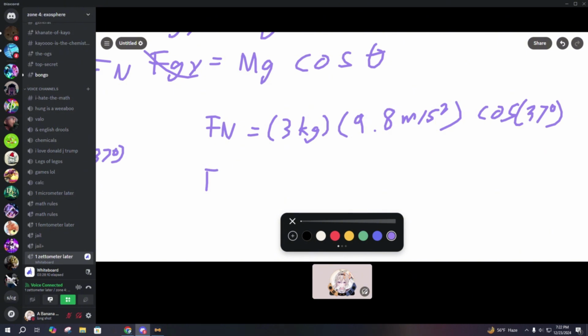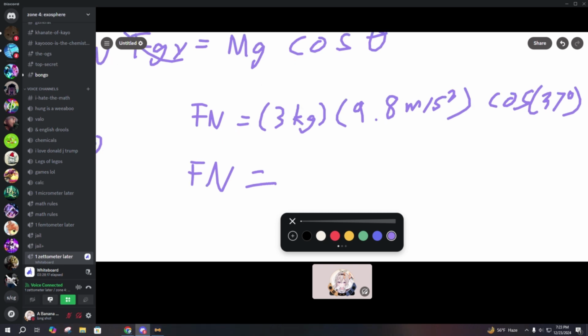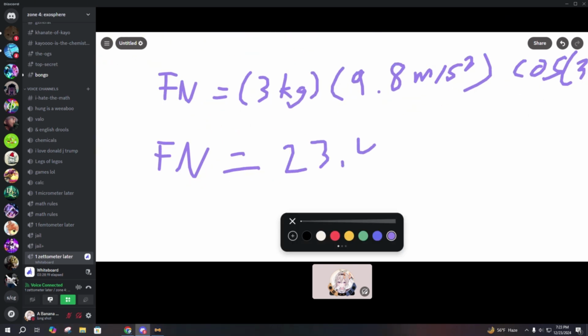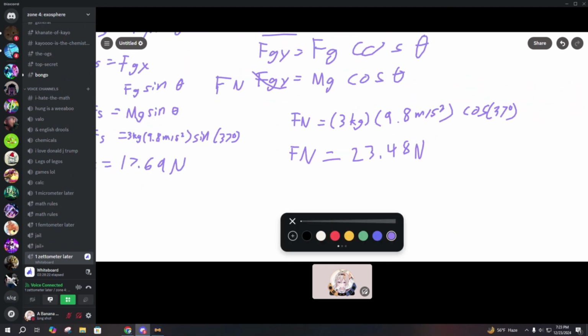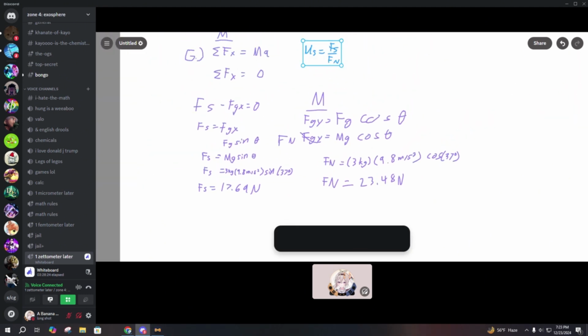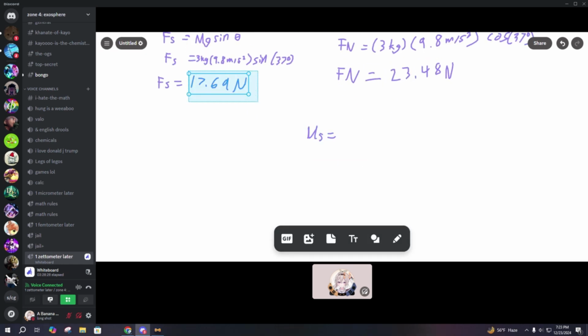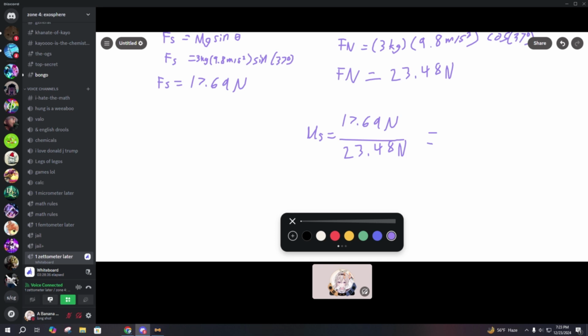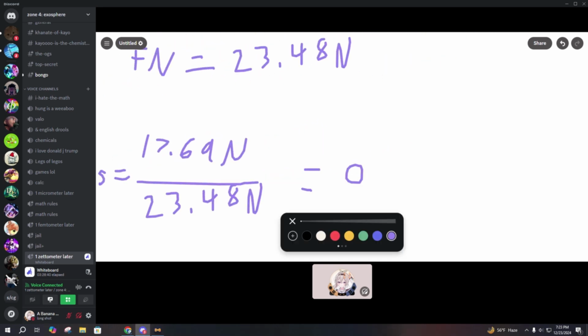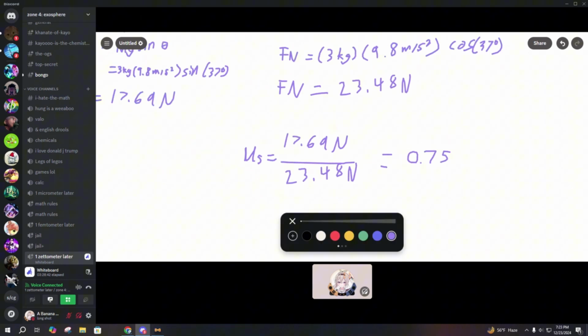And that comes out to be 3 times 9.8 times cosine of 37, which is 23.48 newtons. And now if I use this formula over here, mu s is Fs over Fn, where my Fs is this and my Fn is that, that gets my mu s to be 0.75. There you have it.